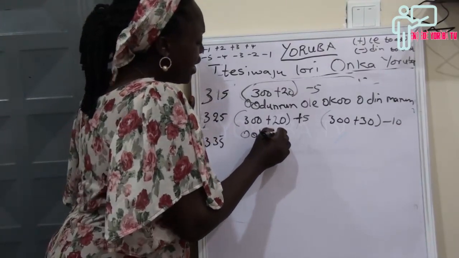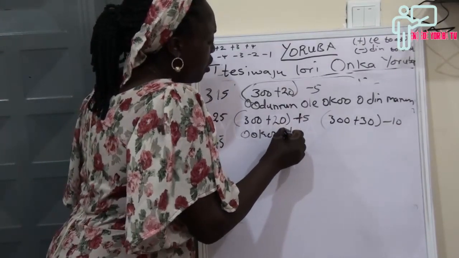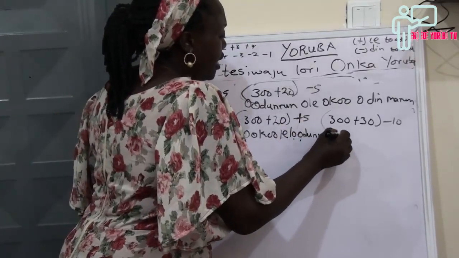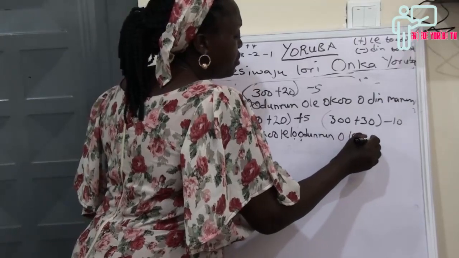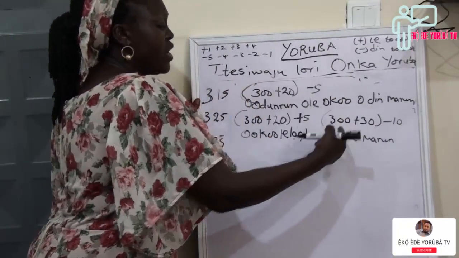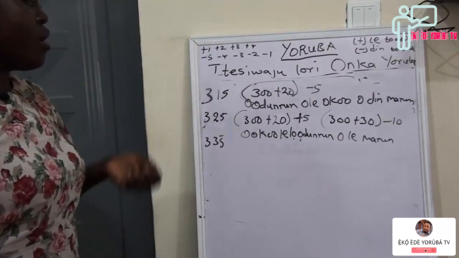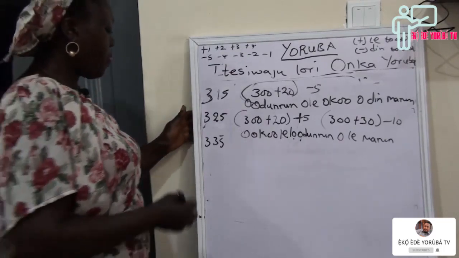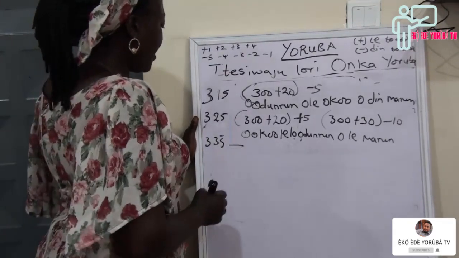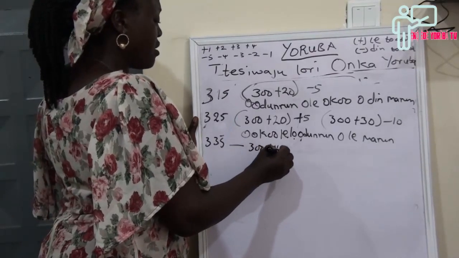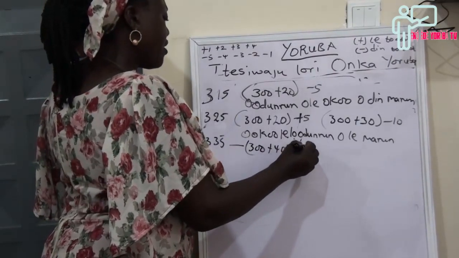Okòó lé lọ́ọ̀ọ́dúnrún ó lé márùn-ún. Or you say, when you are talking, you just say ọgbọ̀n lé lọ́ọ̀ọ́dúnrún ó dín mẹ́wàá. So 335 is also that 300 plus 40 minus 5.